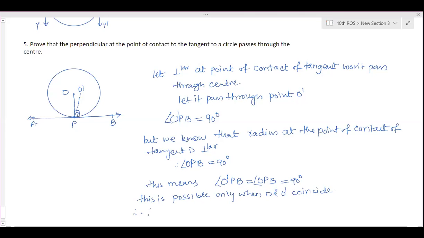So therefore, perpendicular at point of contact passes through center. Clear? Yes, ma'am.